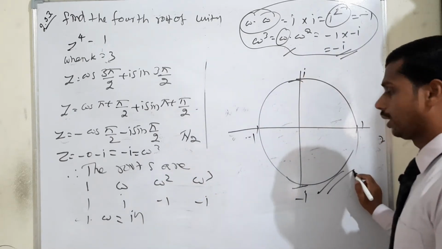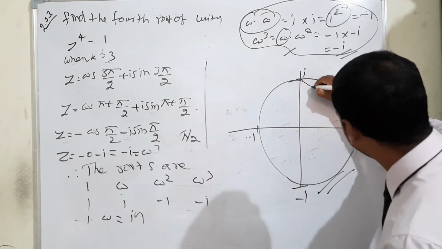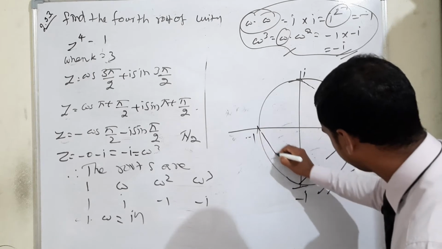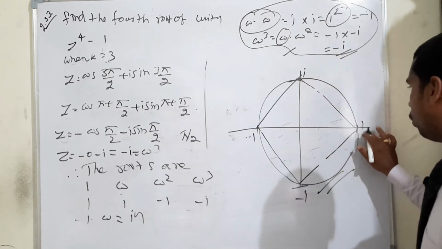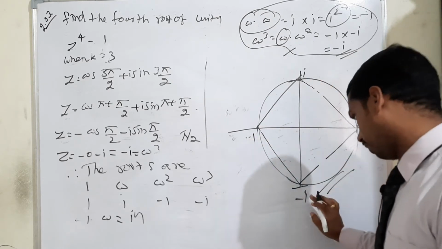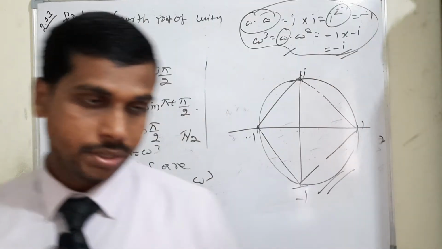This is our answer. Then after writing, you just have to join them. This is the first one: 1, opposite side negative 1, imaginary term positive i, and on the real side, the y axis, negative i. This is our final term.